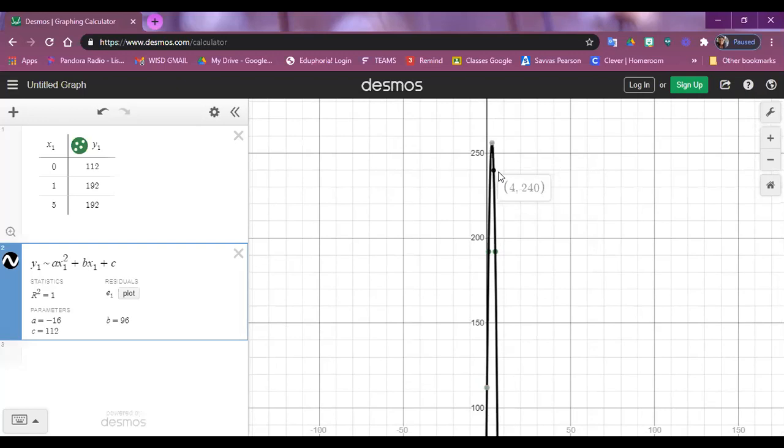Four seconds, I was at 240. 3 seconds, I was at 256. That's my vertex. And because that's my vertex, at 2 seconds it should be the same as 4 seconds, right? And at 2 seconds, I was also at 240 feet.